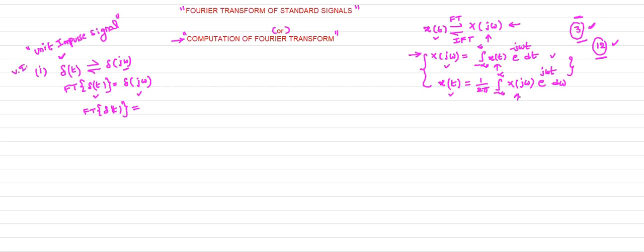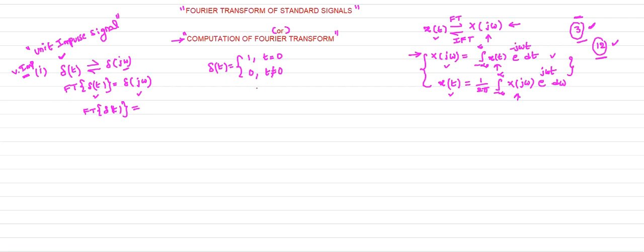The Fourier transform of the impulse function: how to calculate it? First you should know the impulse. What is an impulse function, delta of t? How can you define the impulse function? It is equal to 1 at time t equal to 0, and it is equal to 0 other than time t equal to 0.